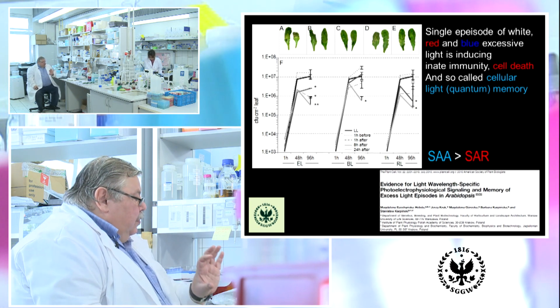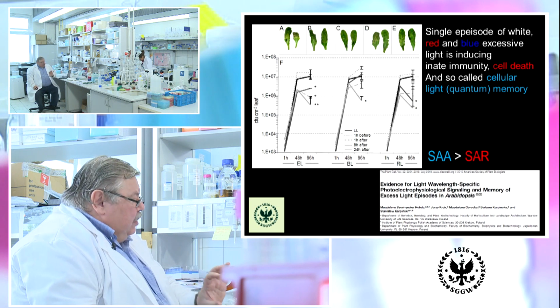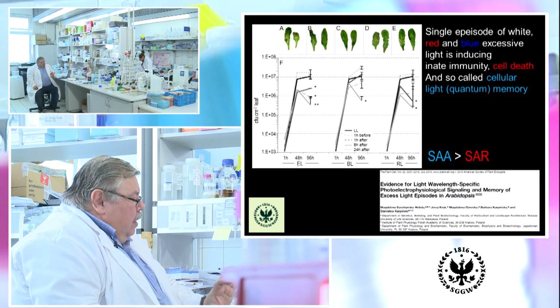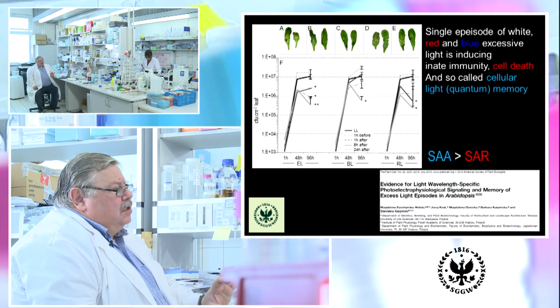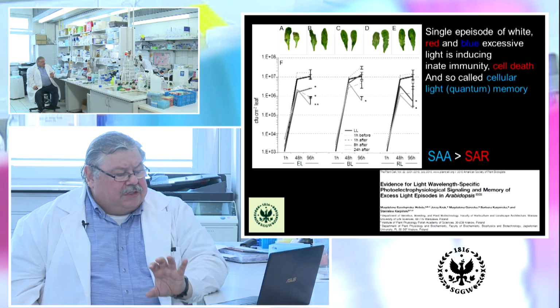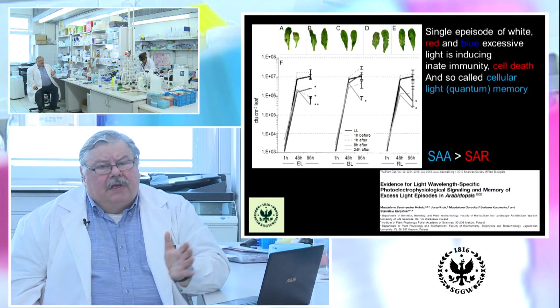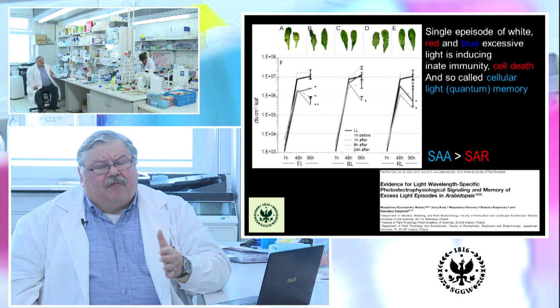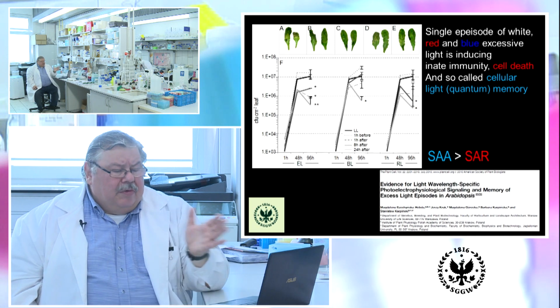And what is this memory? How was it induced? When we infect low light acclimated plants with a virulent pathogen, within 3 days the pathogen amplifies in the leaf from 3,000 to 10 million.